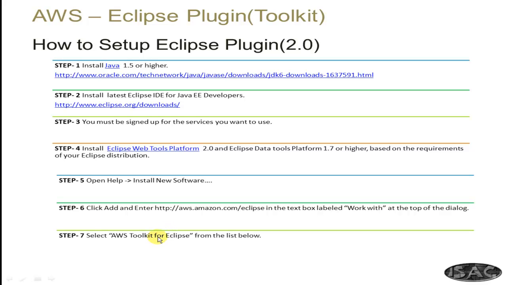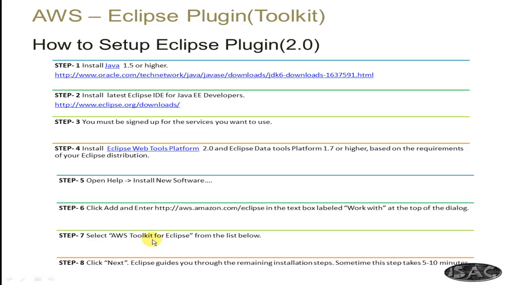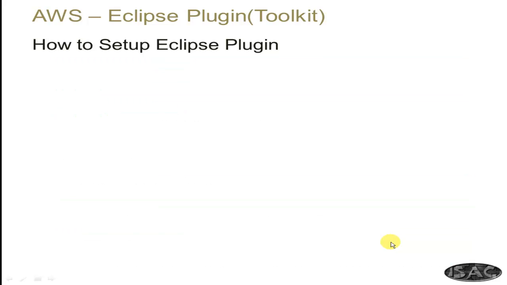From there it will provide you a list and you can select AWS Toolkit for Eclipse from the list below. Click Next. Eclipse guides you through the remaining installation steps. Sometimes these steps might take 5 to 10 minutes.